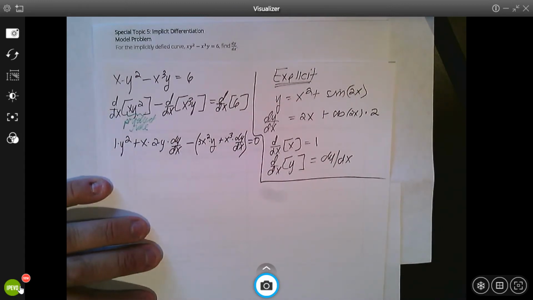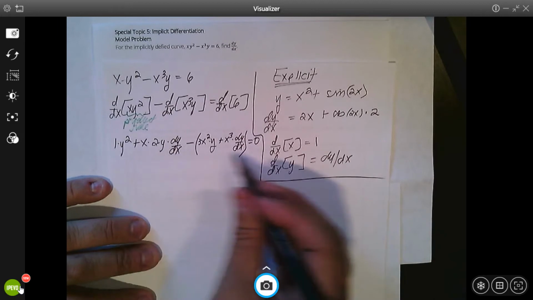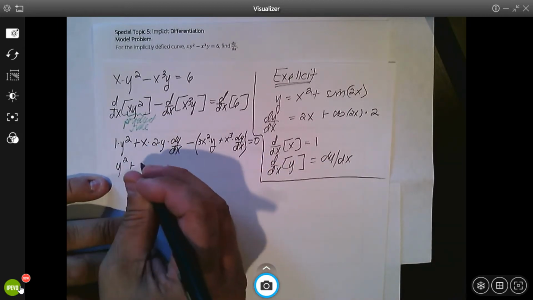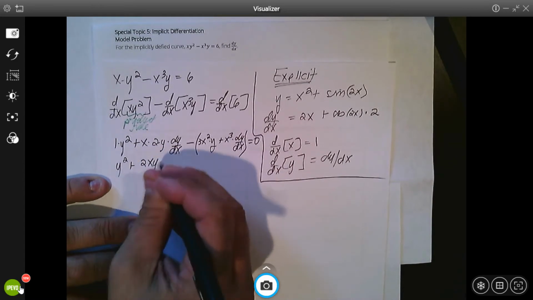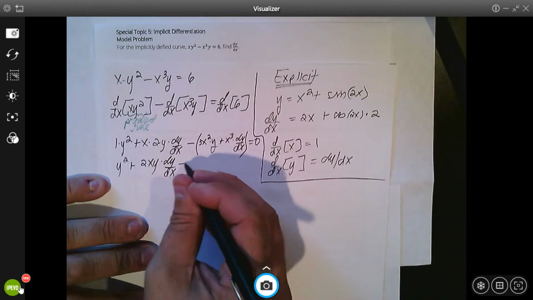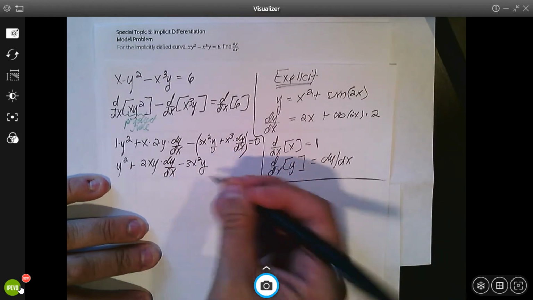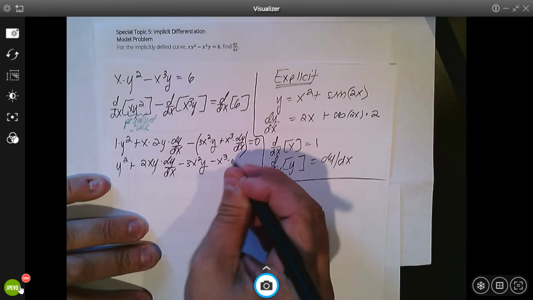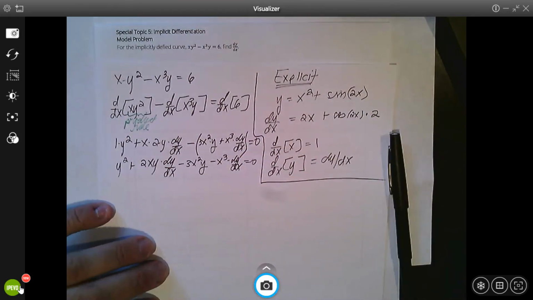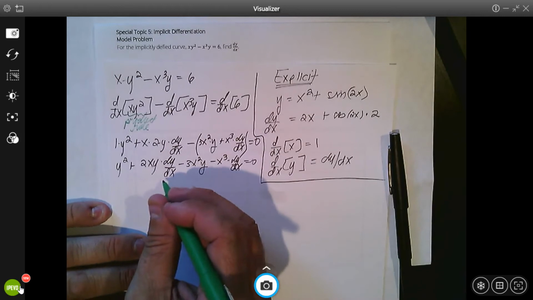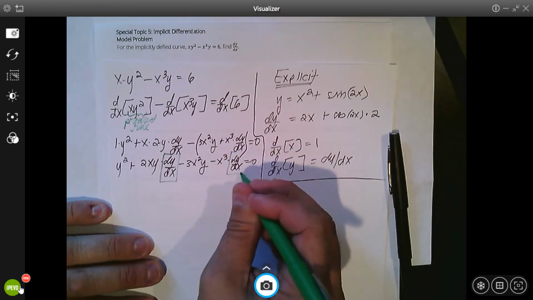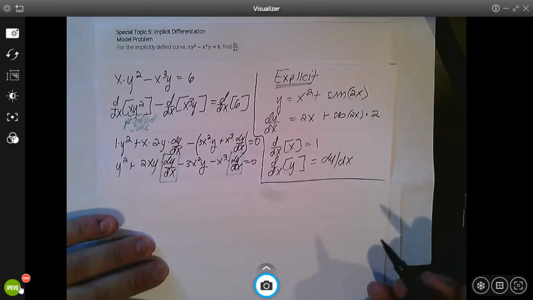To find dy dx, we're going to have to do a little bit of algebra trickery here. So let me multiply this out. I've got y squared plus 2xy dy dx. I'm going to distribute the negative through, minus 3x squared y minus x cubed dy dx. I want to solve for dy dx. I see that I have a dy dx over here, and I have a dy dx over here.